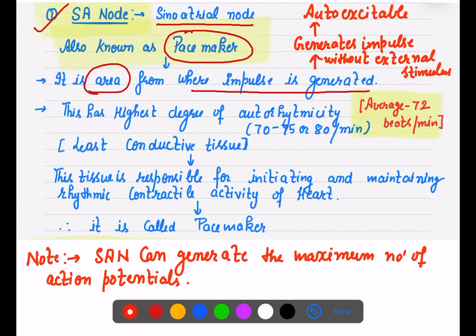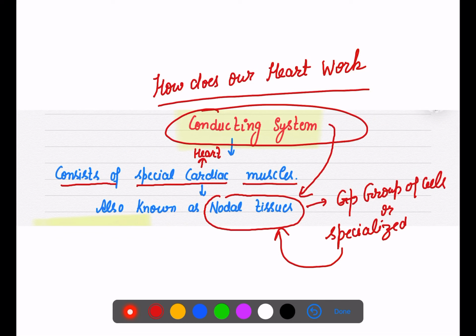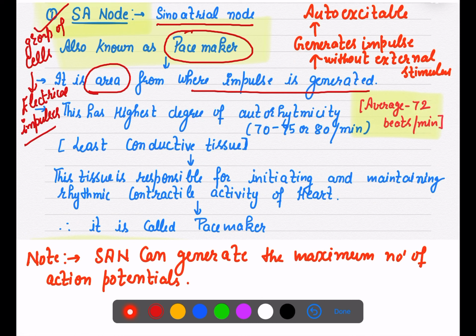Again, there is a group of cells which help in the generation of electrical impulses, because if electrical impulses are not generated, where will rhythmicity come from? Contraction, relaxation, contraction, relaxation, right? That rhythmicity is controlled by our muscles, and those muscles are known as nodal tissue. And out of that, the main node we are talking about here is the SA node, known as the sinoatrial node.